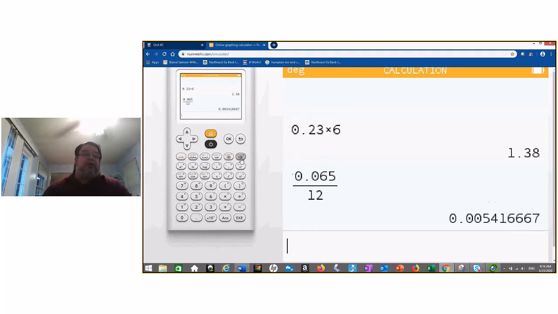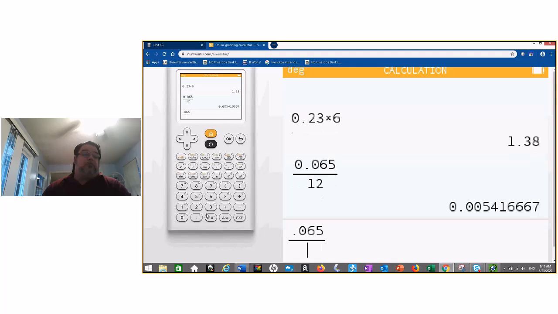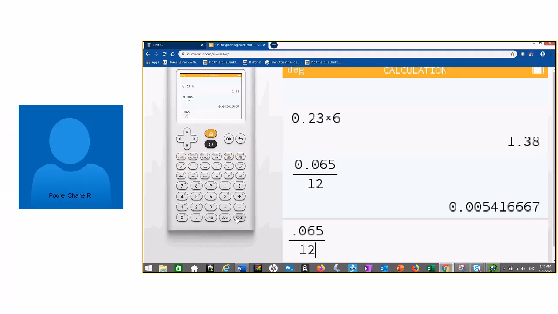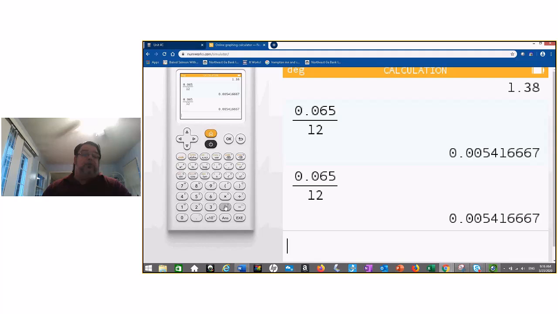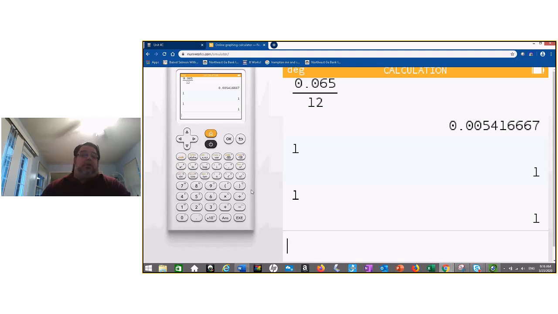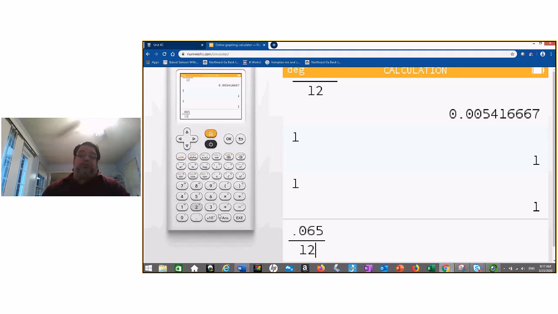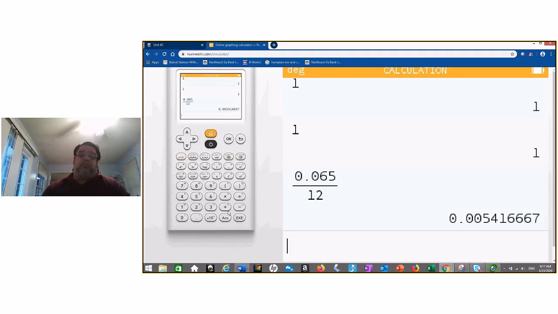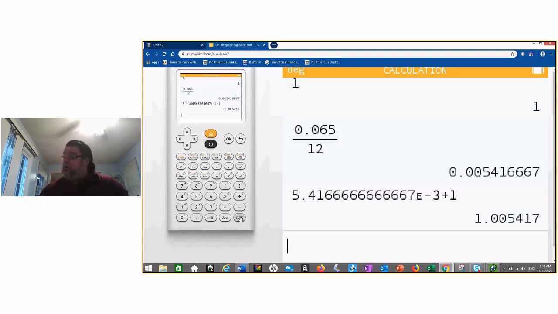Let me just start over. 0.065 divided by 12 equals, and I'm going to add that to 1, and I'm going to raise that. Don't tell me it won't take the last answer. Let me try this again. 0.065 divided by 12 equals, plus 1 equals.